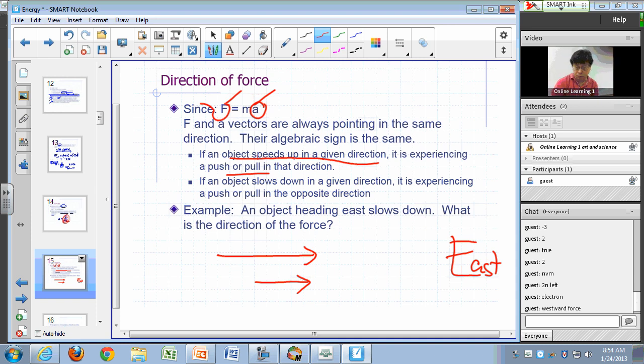West, correct. For it to slow down as it's moving east, there must be a force. So if this is your initial velocity, final velocity, that means your force must be this way. And so is your acceleration. Remember we said if it's slowing down, acceleration and velocity have opposite signs. And force and acceleration always have the same algebraic sign.